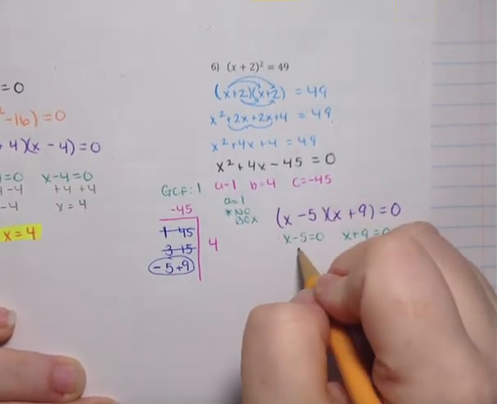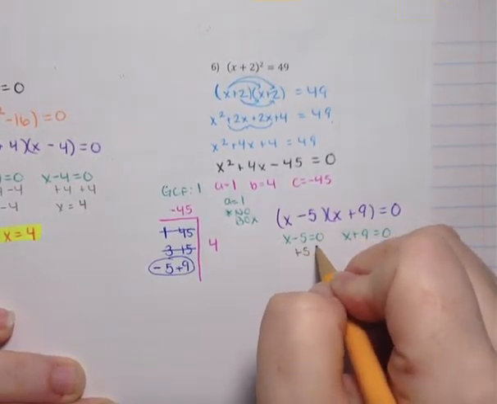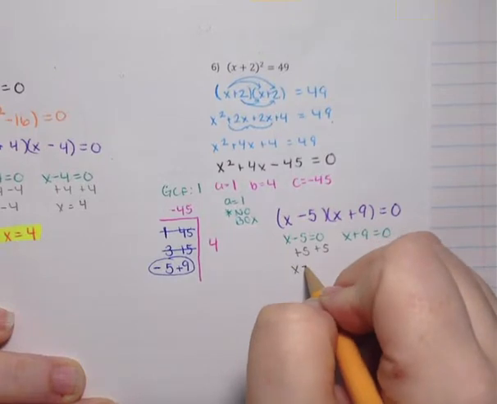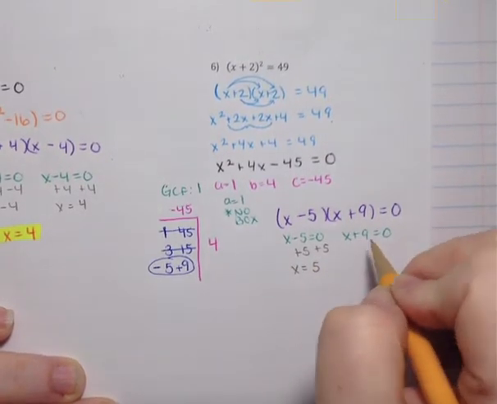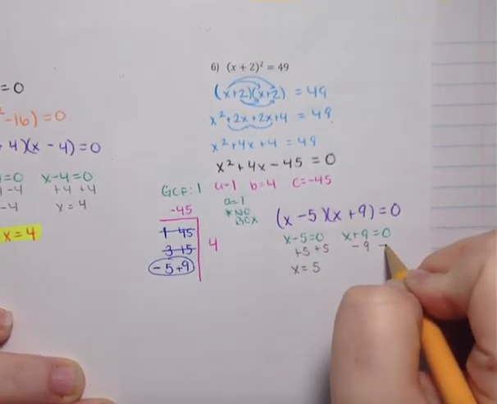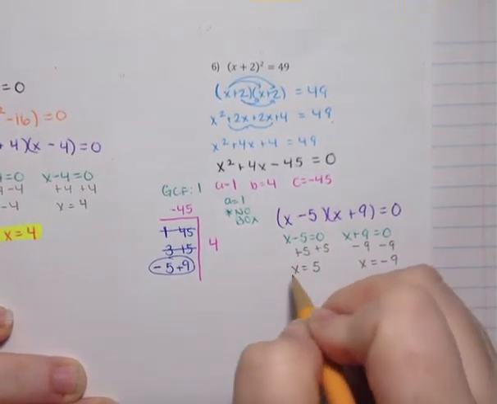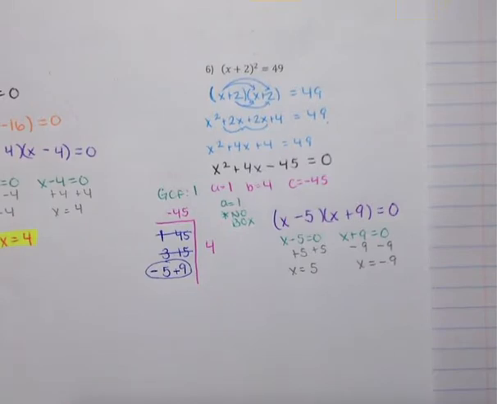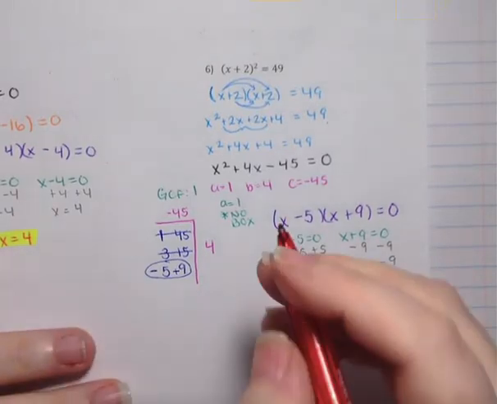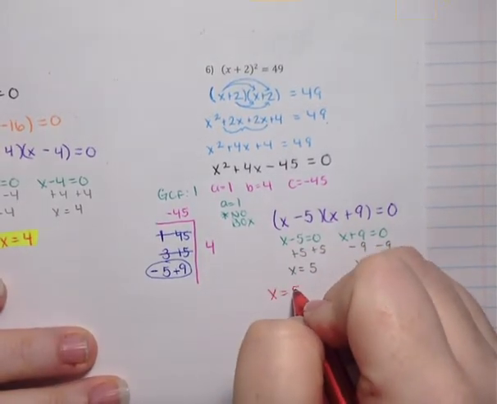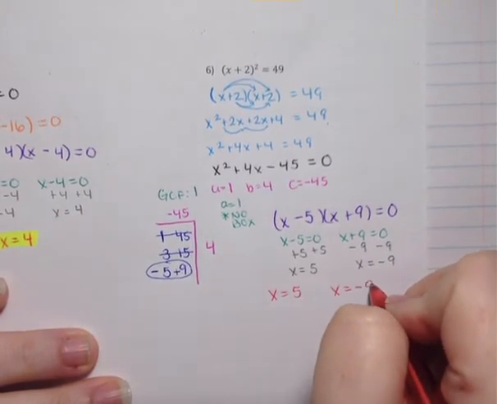So we add 5 to both sides. We'll get x equals a positive 5. On the next one, we'll need to subtract the 9 from both sides. We'll have x equals negative 9. X is alone in both of these cases, so our solutions are x equals 5 and x equals negative 9.